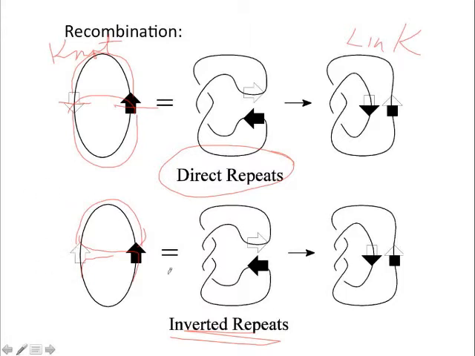If I put arrows on the DNA and orient it white to black, I've changed the orientation of one DNA segment with respect to the other DNA segments. So I've inverted that orientation, and that's why it's called inverted repeats.